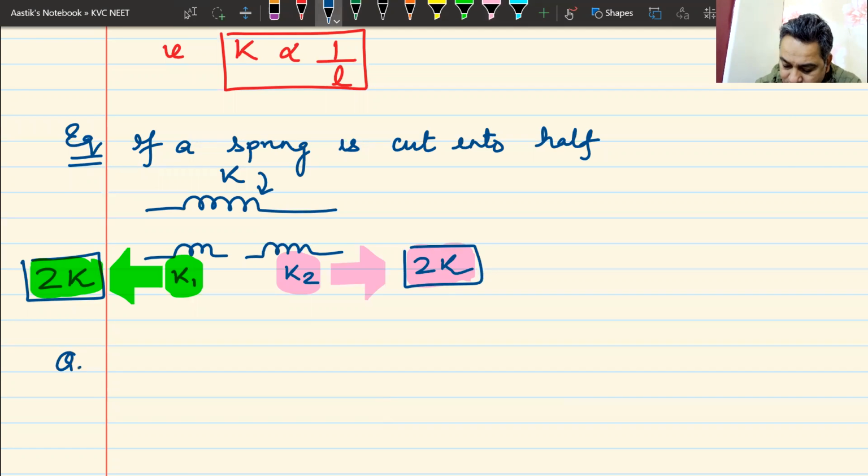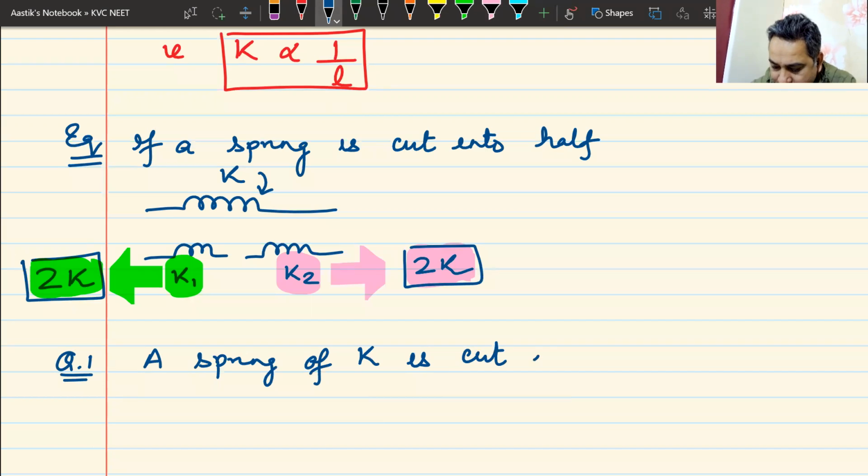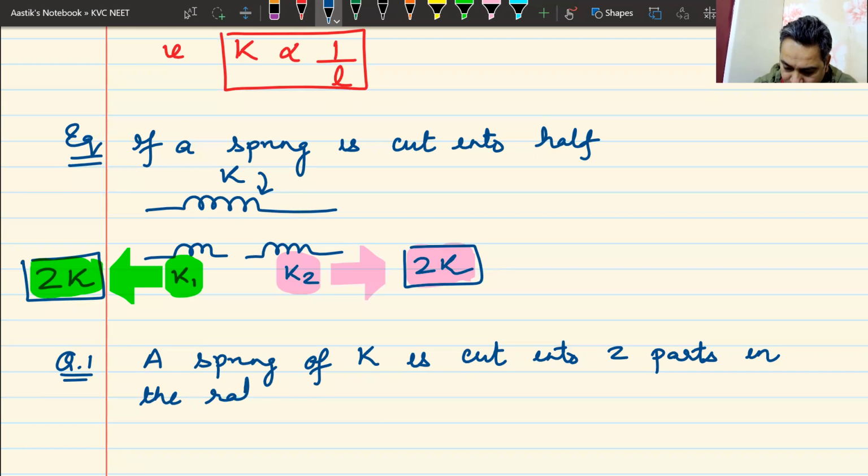Question number 1. A spring of spring constant K is cut into 2 parts in the ratio 1:2.